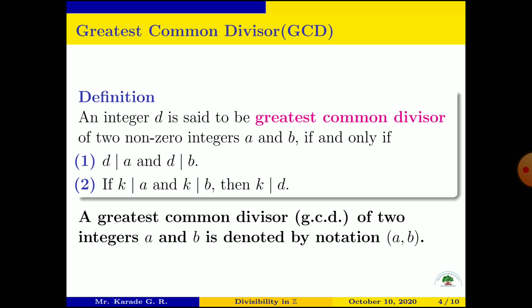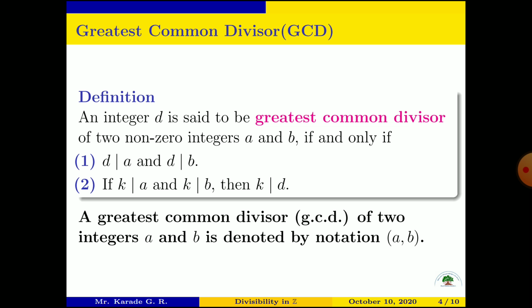First condition says that d divides a and d divides b. Second condition is if k divides a and k divides b, then k must divide d. So this is the definition of greatest common divisor.